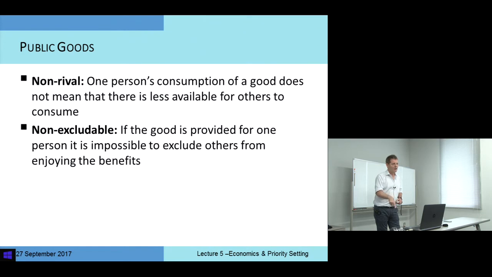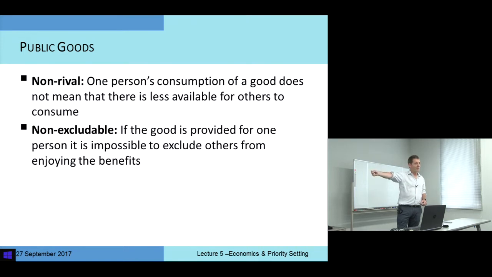It's not non-excludable, because we just lock the door. Or the other way we do it, we just don't tell people it's happening. But we can prevent people, just because I use enjoying in the sense of consuming, just because you are consuming this lecture doesn't mean the benefits of the lecture are then available to other people.